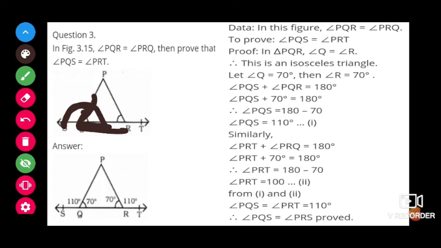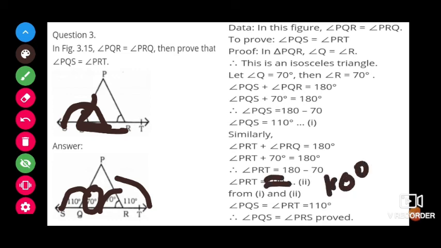So 180 minus 70 gives 110. In the same way, on this side also 180 minus 70 is 110. So both angles are 110 degrees, and we can say both angles are the same. Whatever they asked is proved.